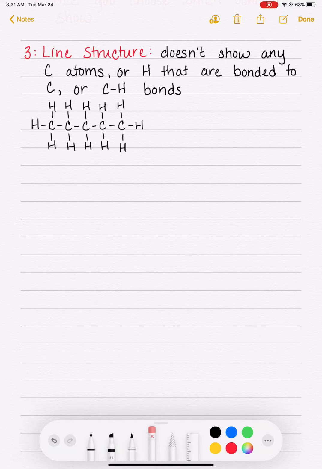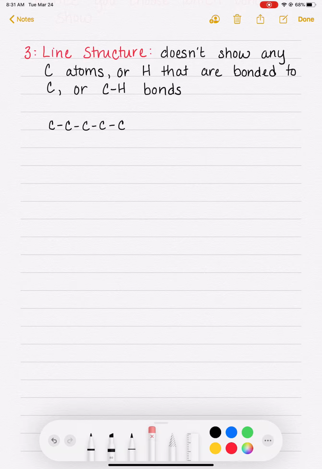Let's start by erasing all of the hydrogens that are bonded to carbons. We're just going to get rid of all of those. They're still there, but we're not going to represent them. Also, it doesn't show the carbon-hydrogen bonds, so all of these bonds that were connecting the carbons to the hydrogens, we're not going to draw those either.